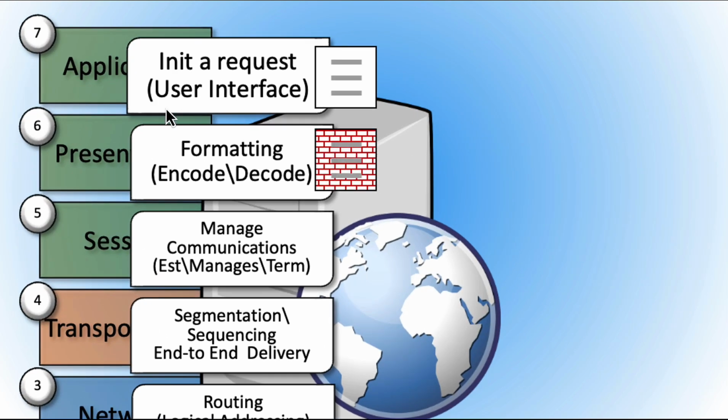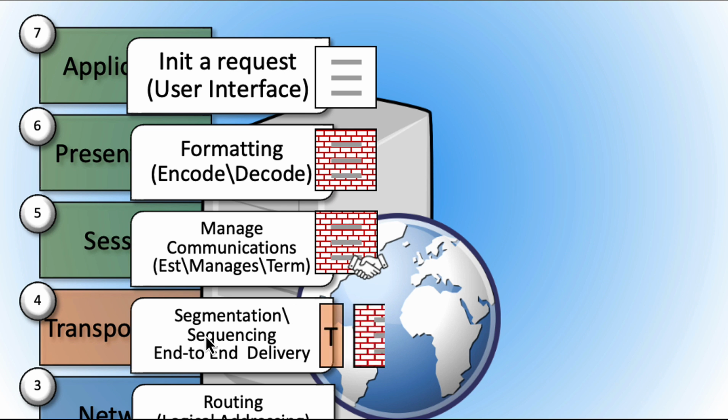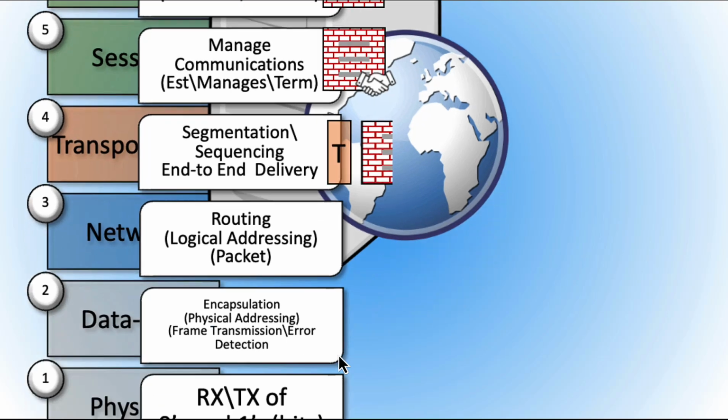Next, the information gets encoded, and then we manage communication, where we establish, maintain, and terminate the connection. So with all these top three, we're getting that web page together. Once we get down to step number 4, the transportation, that's where segmentation occurs. So we're taking part of that data, dividing it up, and putting on that transportation header.